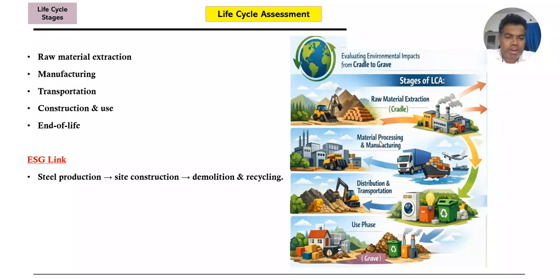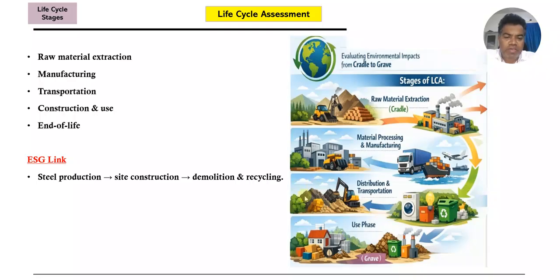After its manufacturing is completed, it goes for distribution and transportation for human use. For example, a product like a washing machine or any plastic is used by human beings.